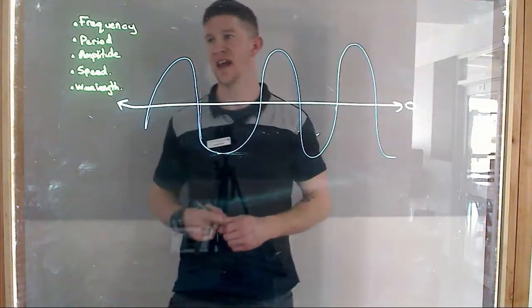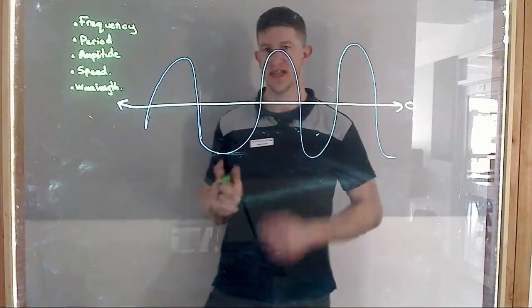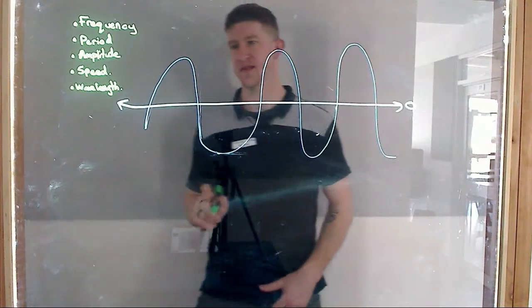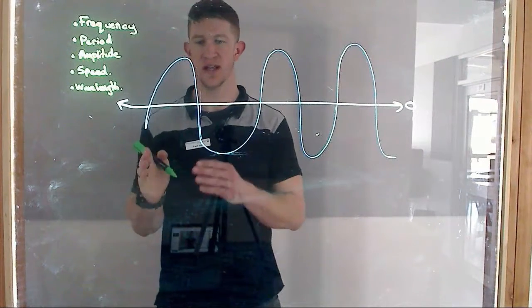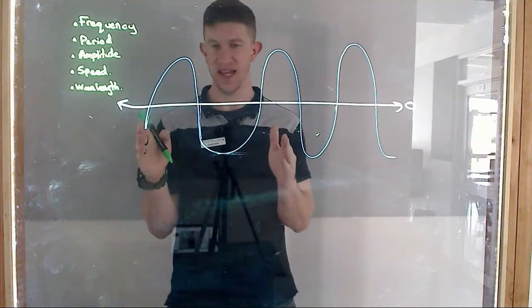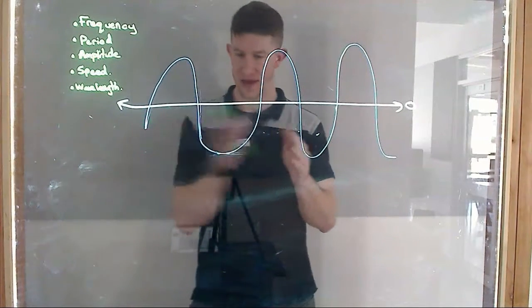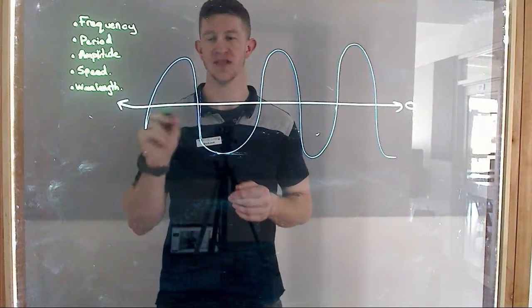Now the period talks about how long it takes for one wave. So previously in my frequency example, I looked at how many waves passed in a period of time that was set. So in 1 second, how many waves passed. Now when I'm looking at period, I'm saying how long does one wave take?